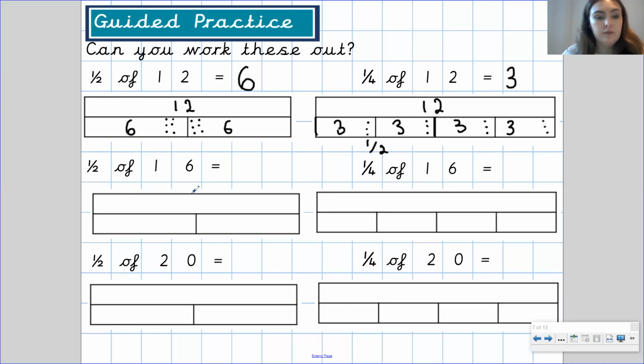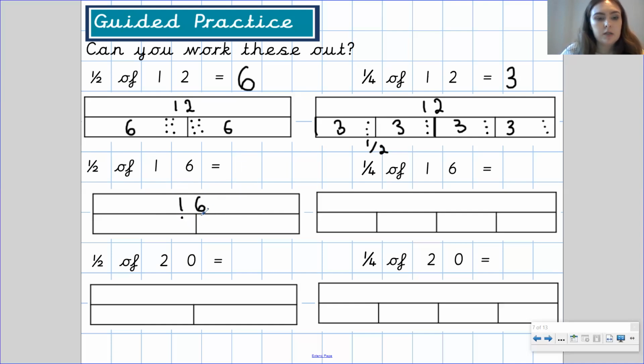So here we've got 16 as our whole. We need to find half of 16. So pause the video to have a go at finding what a half of 16 is. Okay, let's go and check the answers.